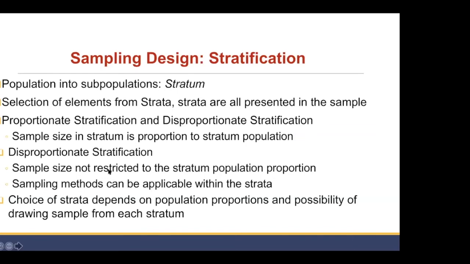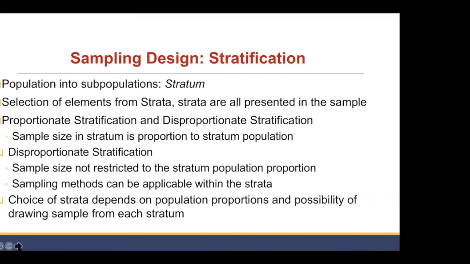For example, if you would like to have equal proportion of boys and girls in your study, and you have an estimate of the proportion of boys and girls in the population, maybe you can use the same population proportion in your sample. If you are using the same proportion, then it is what we call proportionate stratification. Or if you're not following exactly the same proportion rule, then it would be a disproportionate stratification.